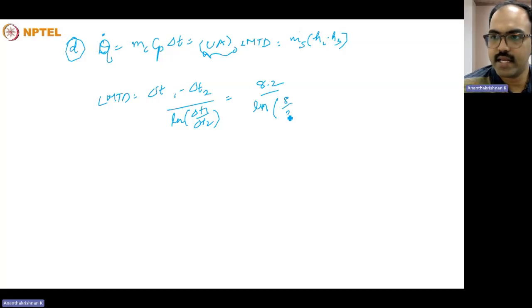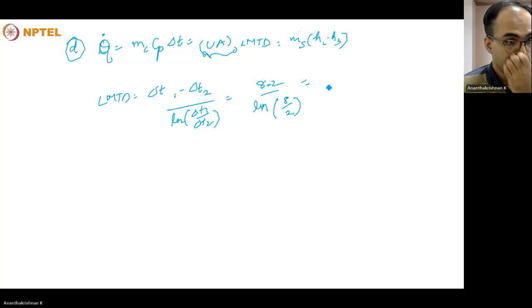On one side it is 8 and the other side is 2. So the LMTD will be equal to 4.33.